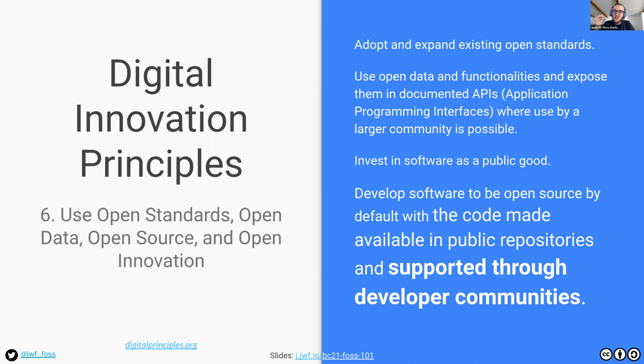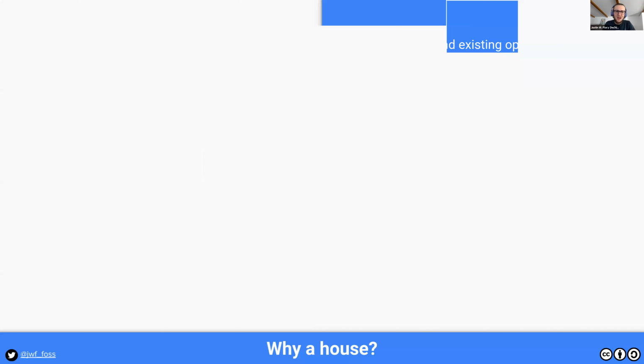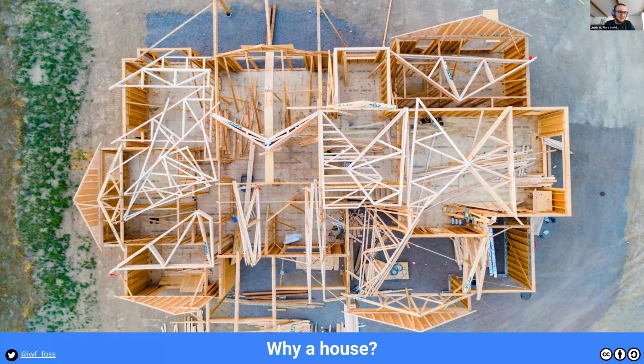So coming back to this metaphor of a house, why a house? A house is a metaphor we can use for discussion purposes of how we build a project community where people can gather, collaborate, and share things together. So what goes into building this open source house? I mentioned those 4 phases.